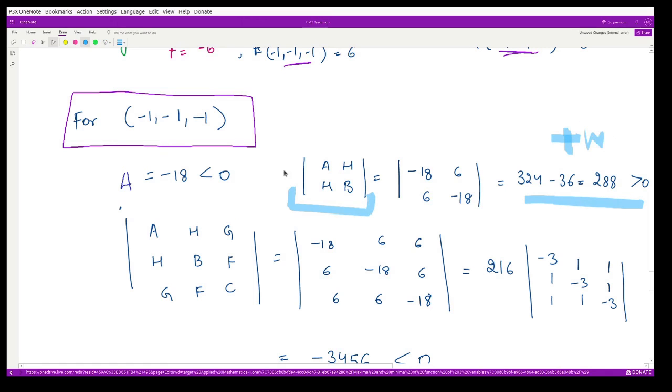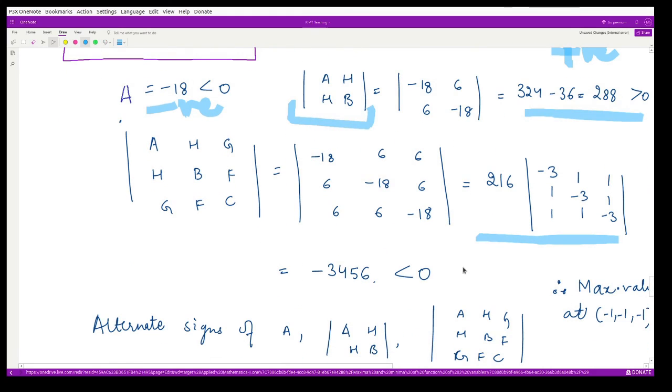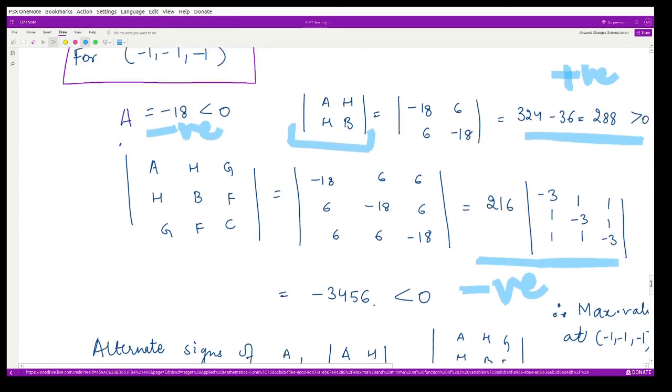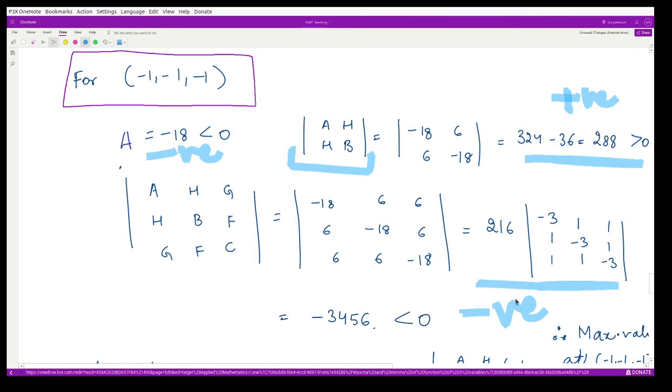So this is positive, this is negative, and the third order determinant is this one. So when you solve this, you obtain again the negative value over here. So that means according to the conditions, you have a negative, you have a positive, you have a negative.